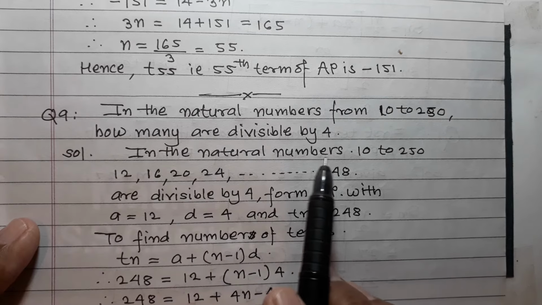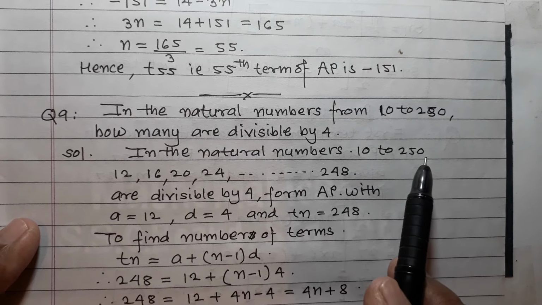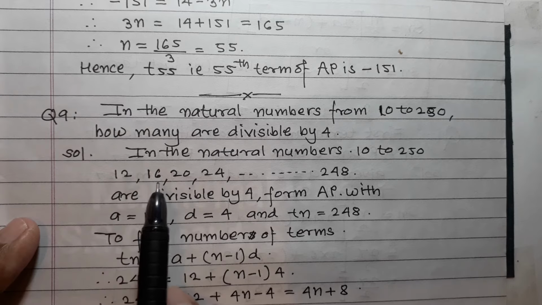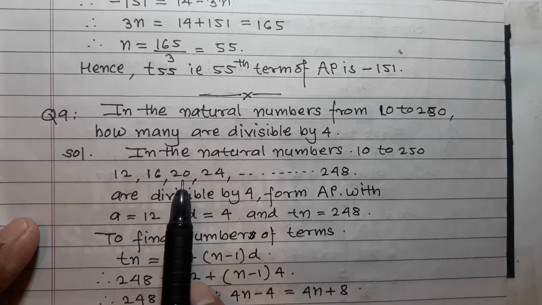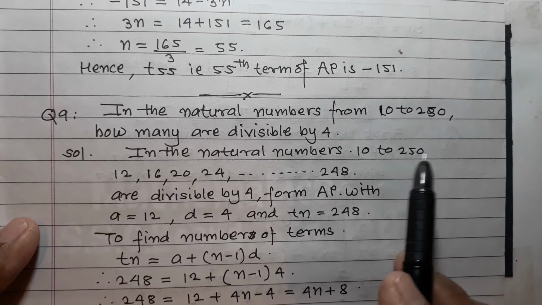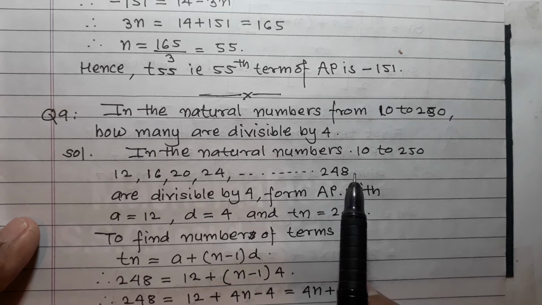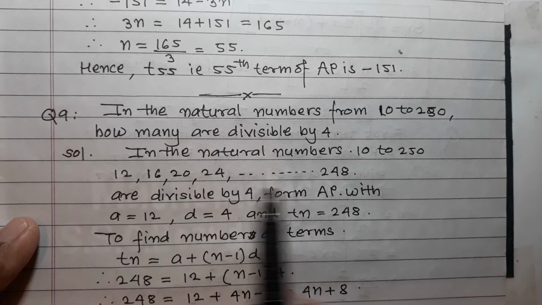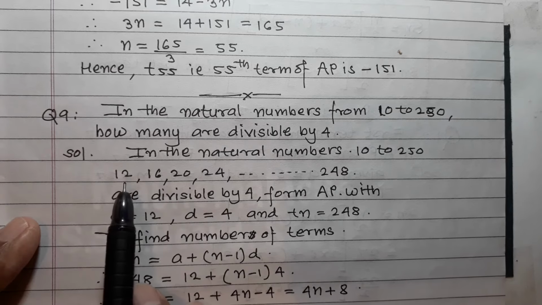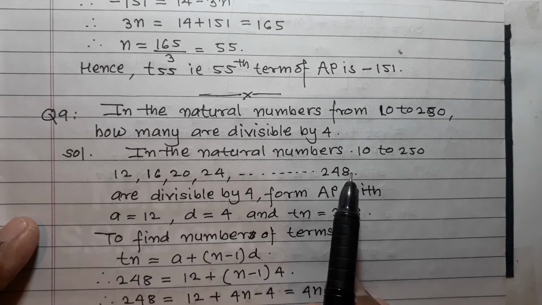In the natural numbers 10 to 250, now 12, 16, 20, 24 and so on. 250 means 248 is the last number, and these numbers are divisible by 4. Okay, is it clear?